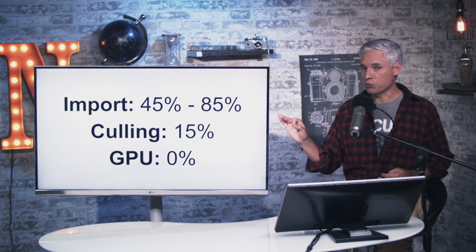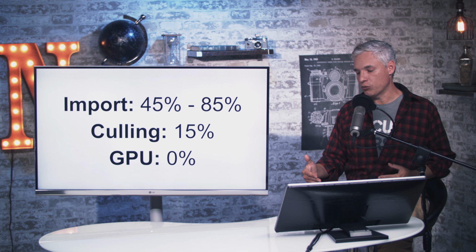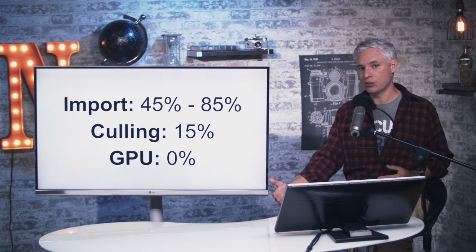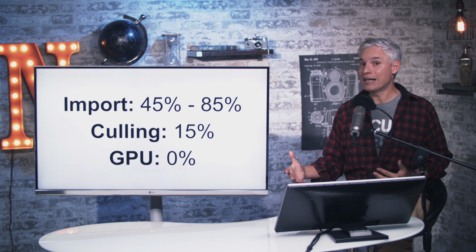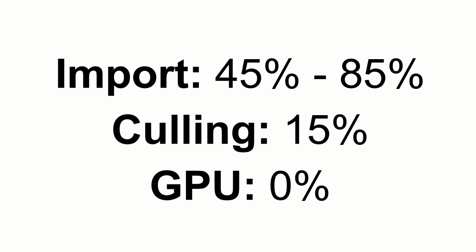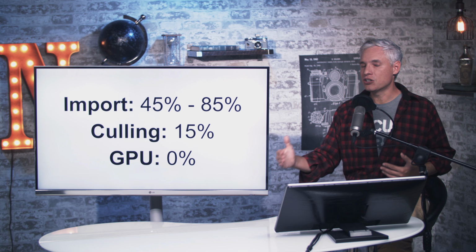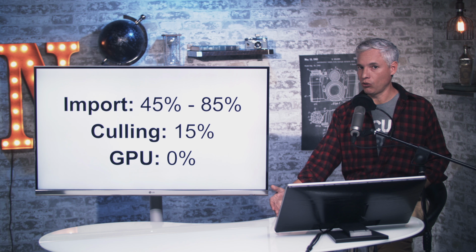They said that they've used the GPU to improve performance further. I tested it with both the GPU turned on and the GPU turned off, and I could not measure any performance differences, but that's very specific to the types of tests that I was doing. I was testing importing and culling and the things that I find to be slow in the old version of Lightroom.